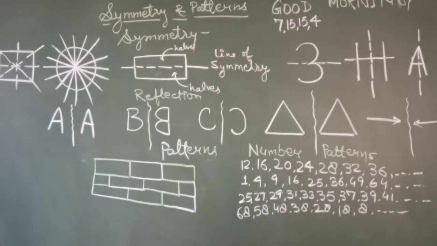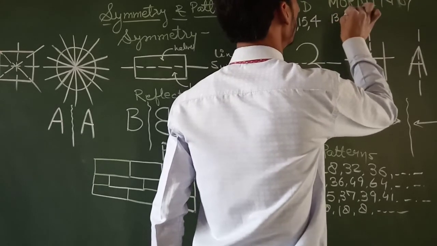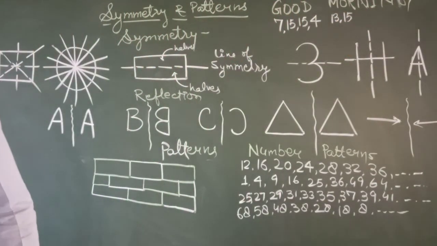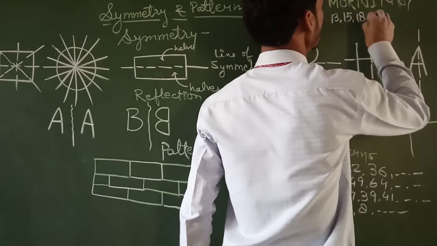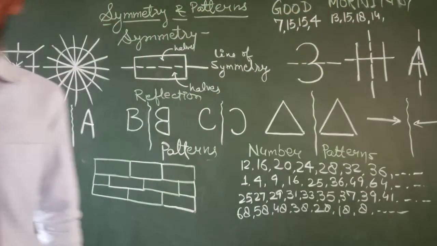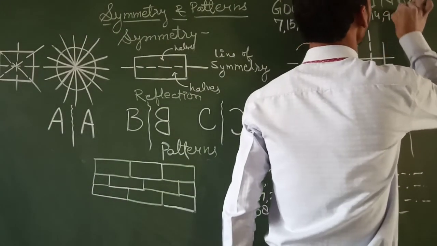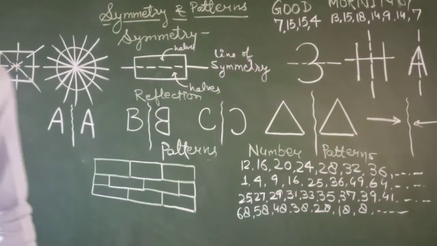And in morning, M is 13, O is 15, R is 18, N is 14, I is 9, N is 14, and G is 7.